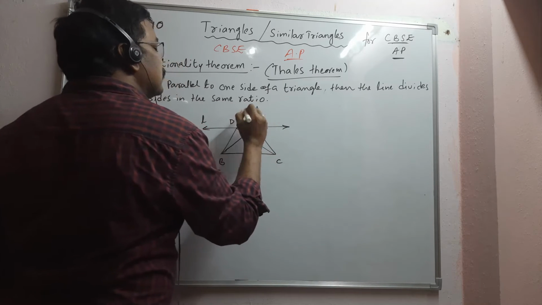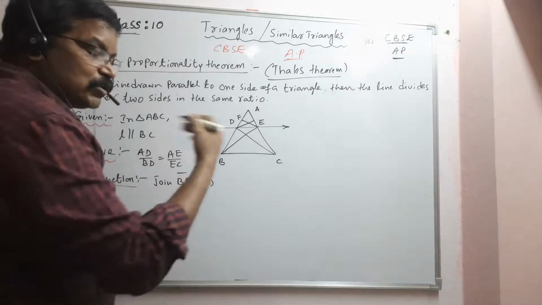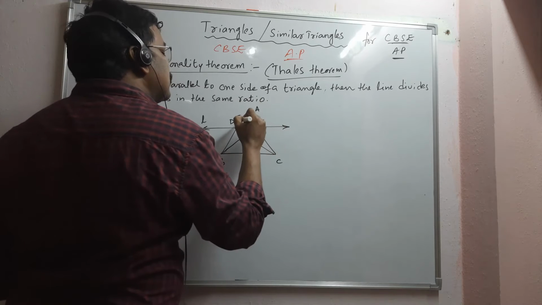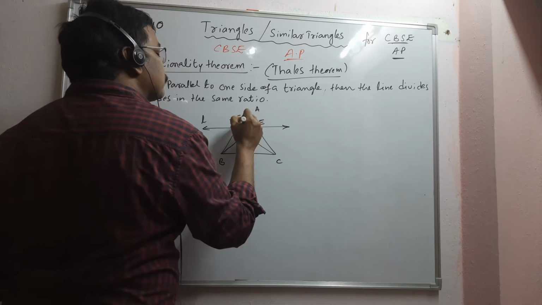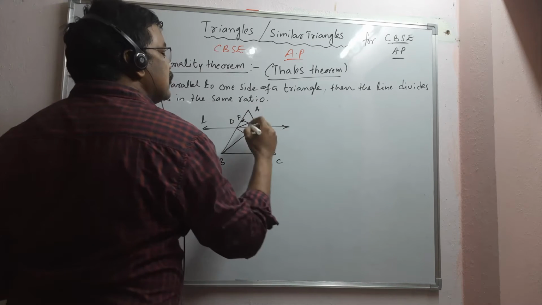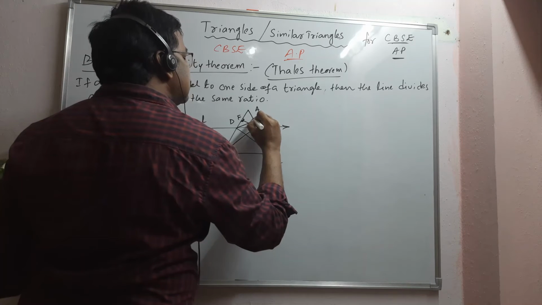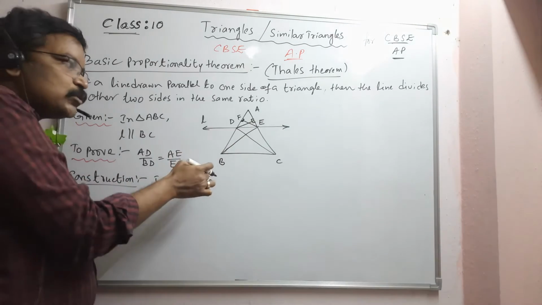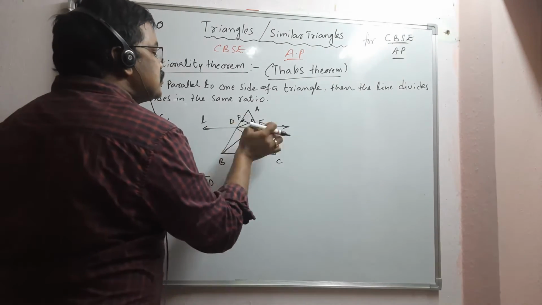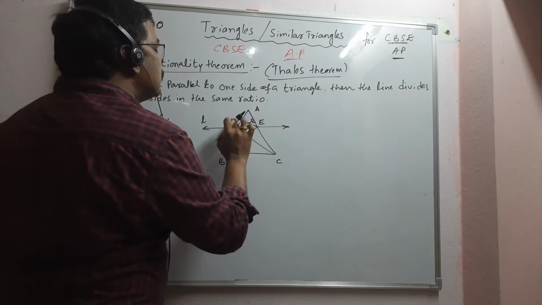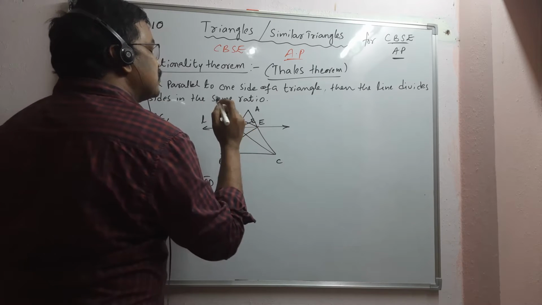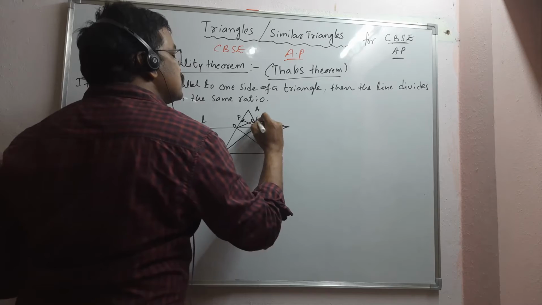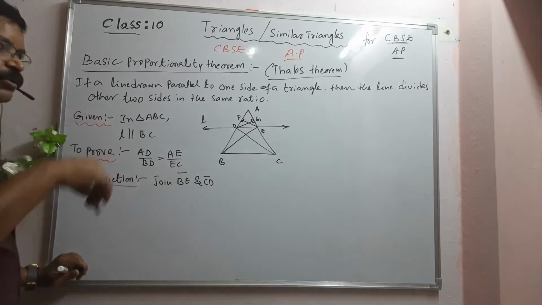EF. Can you see the whiteboard, students? This EF is perpendicular to AB, and this DG. DG only, right? So this DG is perpendicular to AC.